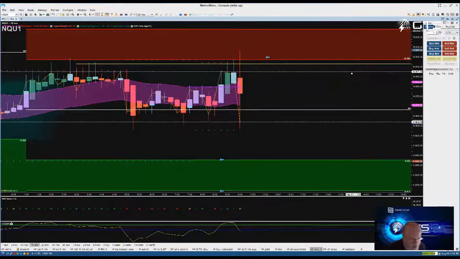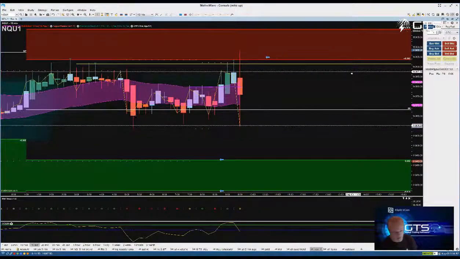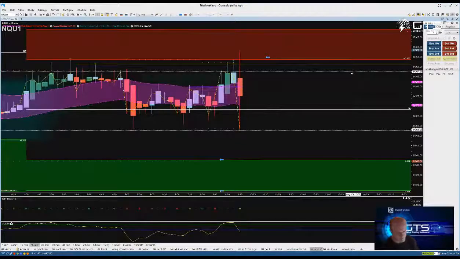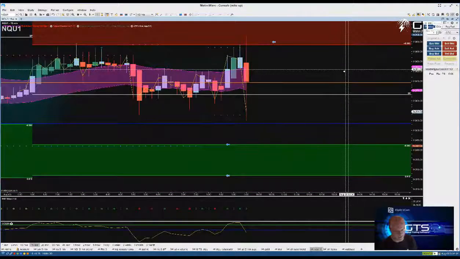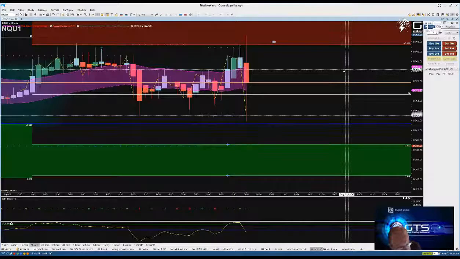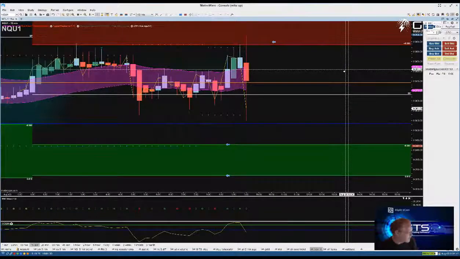I'm hoping it'll pull back and just go back to where it came from. I think they're going to shoot it down more than likely. But we'll see what we get. Still working on it.